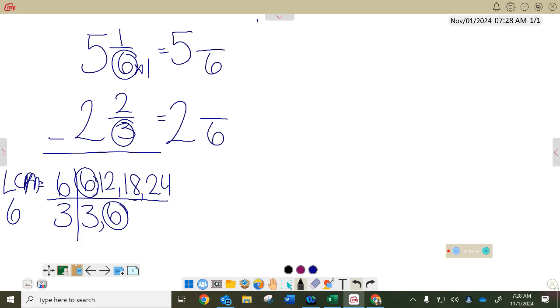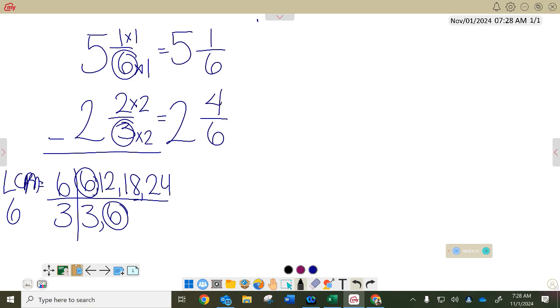Whatever you do to the denominator, you also do to the numerator. So that's 1 times 1, which will give us 1. For our second fraction, 2/3, you have to multiply 3 times 2 to get that common denominator of 6. Whatever you do to the denominator, you also do to the numerator. So that's going to be 2 times 2, which is 4.